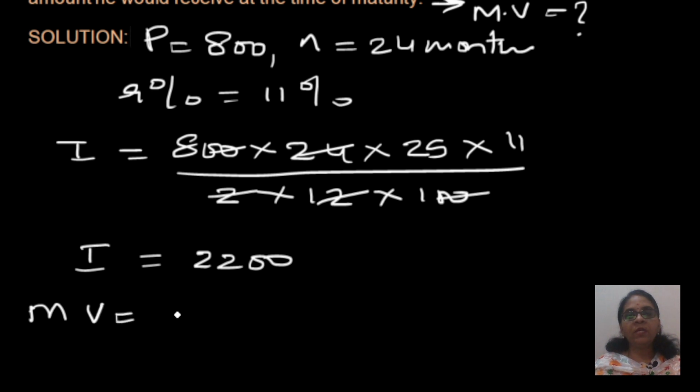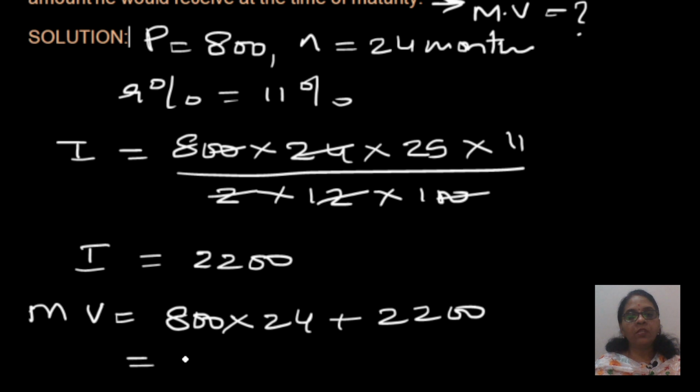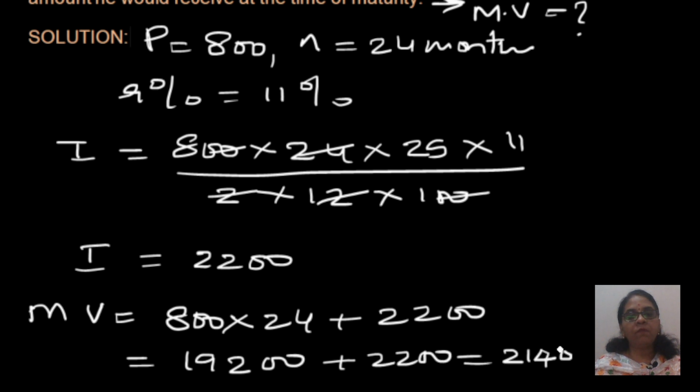Maturity value is P into N, which is 800 into 24, plus 2200, which is equal to 19200 plus 2200, which is equal to 21400. This is the maturity value.